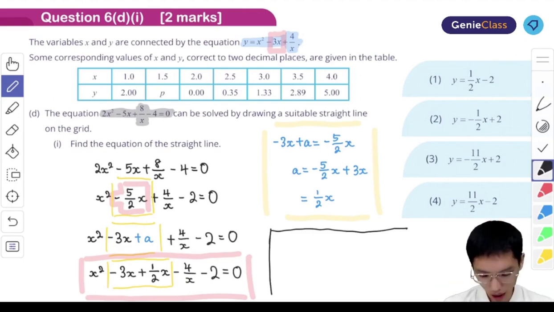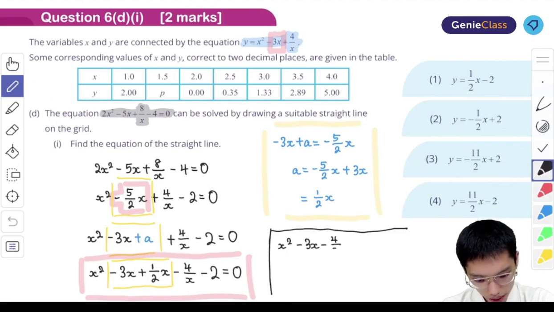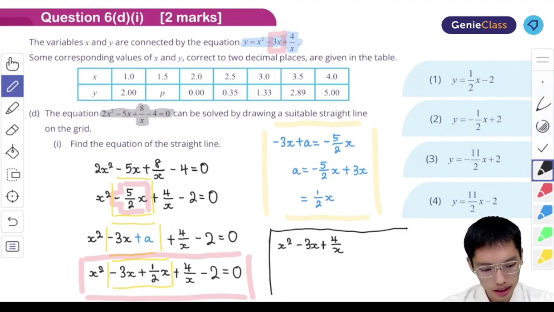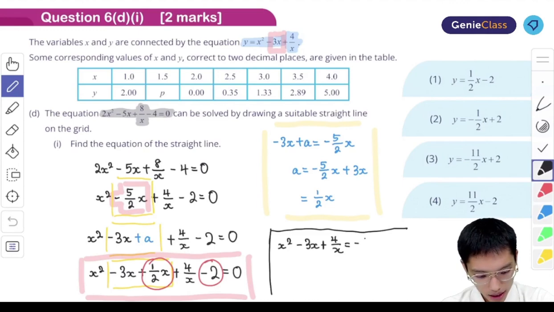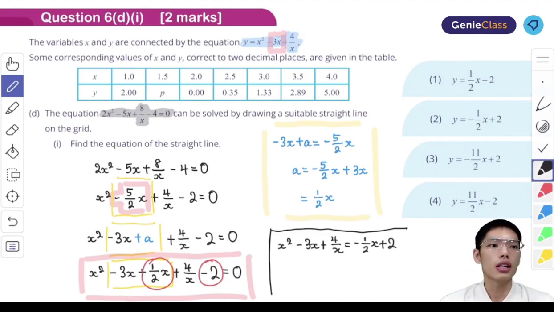It's the same thing, because essentially we are still arriving at x squared minus 3x plus 4 over x. If I shift my third term and my fifth term down here, this gives me minus x plus 2.